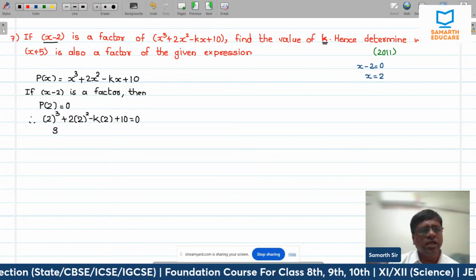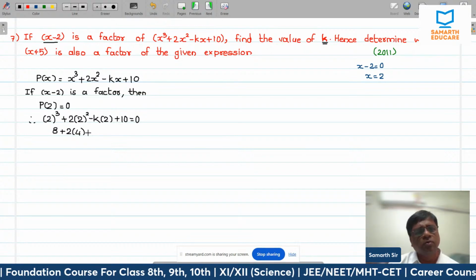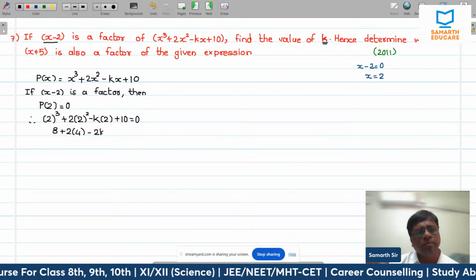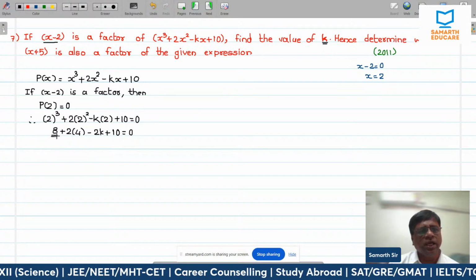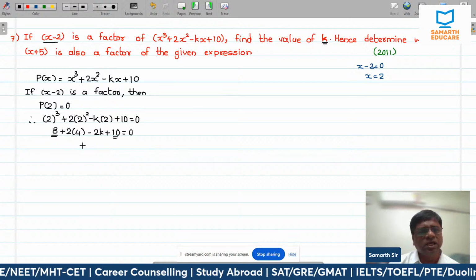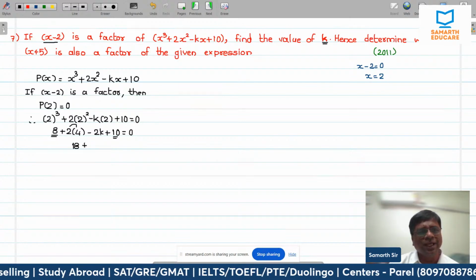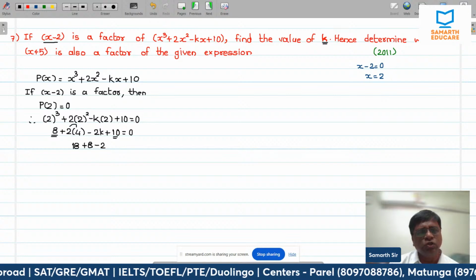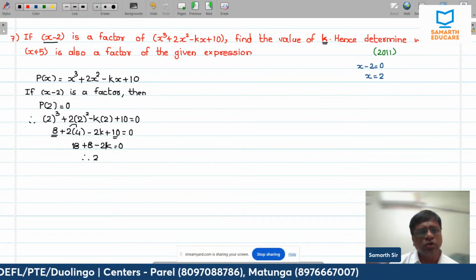So this is 8 plus 2 into 4 minus 2k plus 10 is equal to 0. You can see 8 plus 10 is 18, 2 into 4 is 8, minus 2k is equal to 0. Now 18 plus 8 is 26.